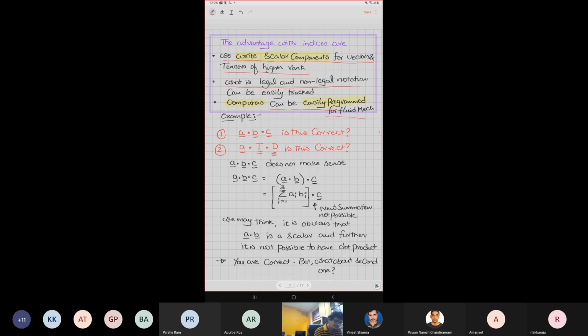For example, let me ask you a simple question, meant for either Nishikant or Snehal. I would like to get the cross product of A1, A2, A3 with B1, B2, B3. Can you tell me what is the cross product?